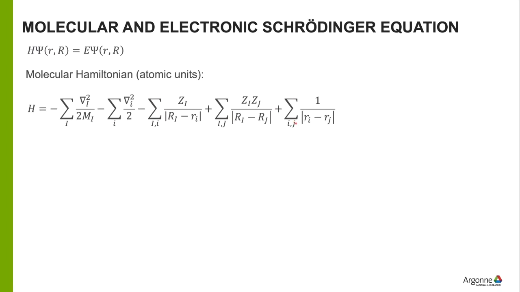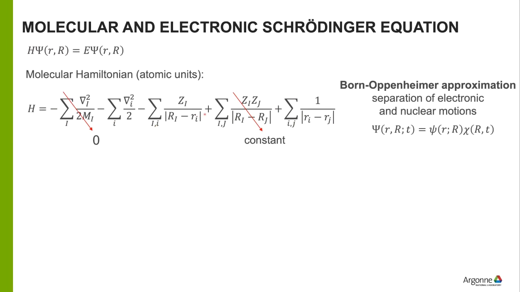This Hamiltonian cannot be solved exactly, and one of the most common approximations that's done in quantum chemistry is the Born-Oppenheimer approximation, which separates the electronic and nuclear motions, which is written over here, which essentially neglects the nuclear kinetic energy, because the nuclei are much heavier than electrons, and the electrons adjust instantaneously to the movement of the nuclei.